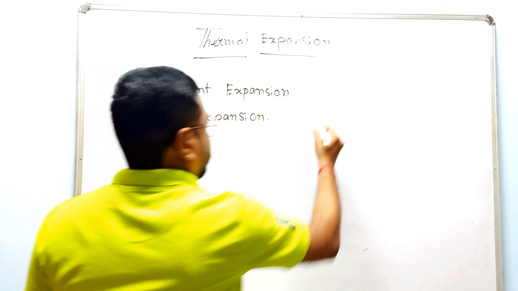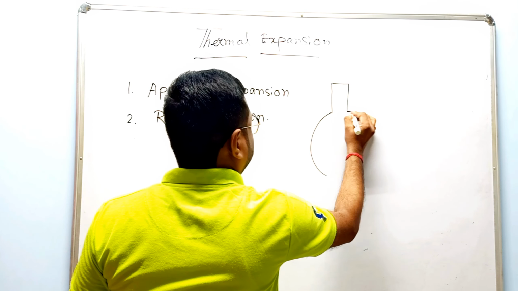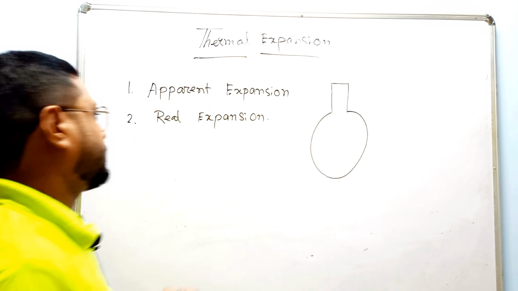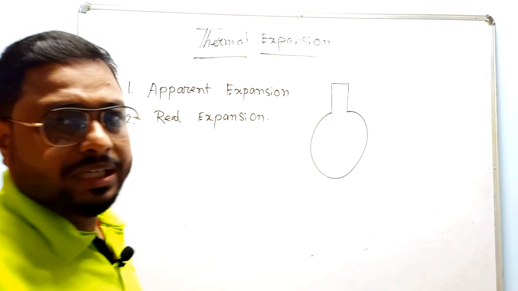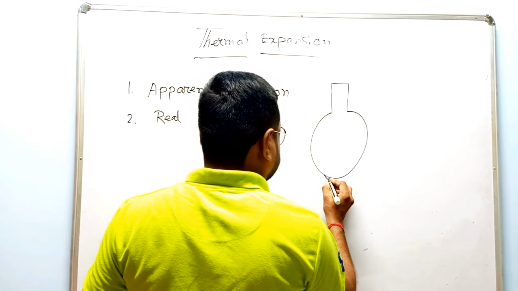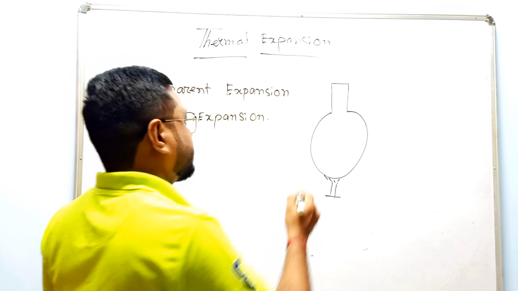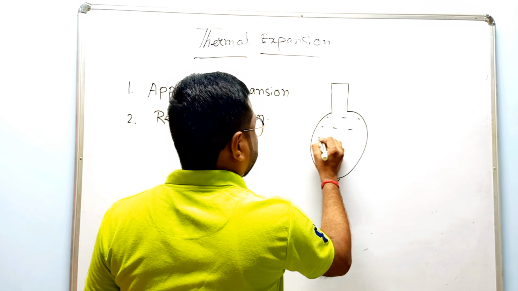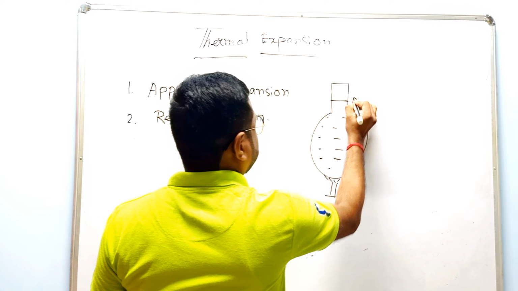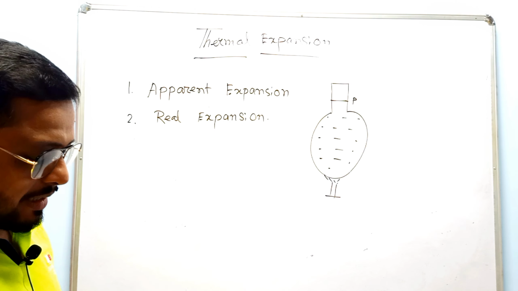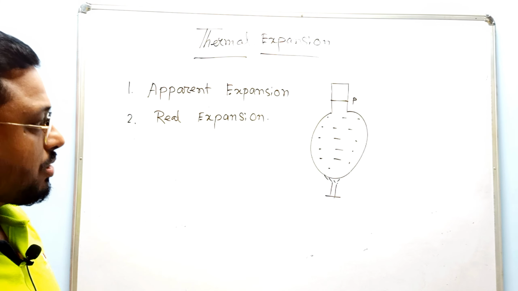When a liquid is heated, not only the liquid but also the container expands. Suppose some liquid is filled in this flask and the level of liquid is P. So P is the level of the liquid enclosed in this container.